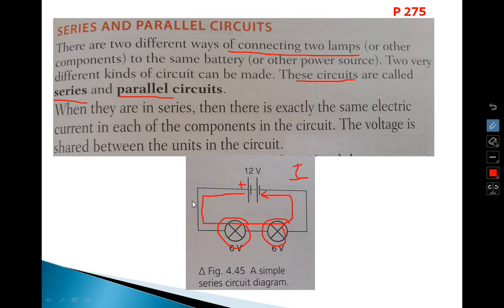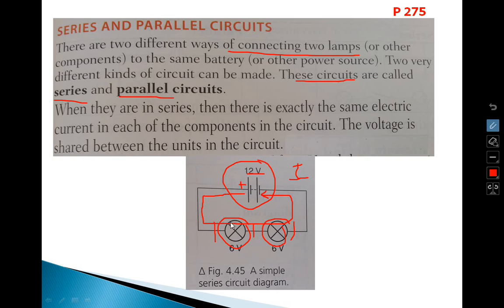But what's different is that the voltage is shared between the two units. The value of the total voltage is divided between the two components, whatever they are: sometimes a lamp, sometimes a resistor, sometimes a diode, sometimes any component.